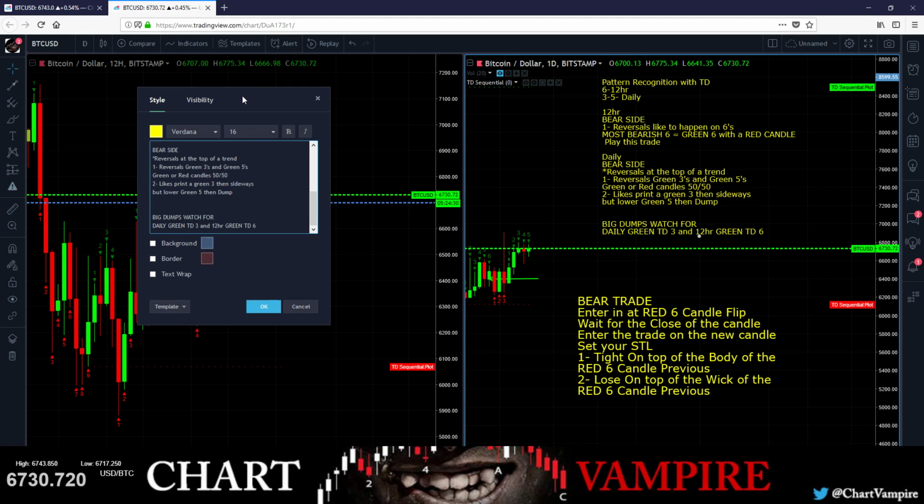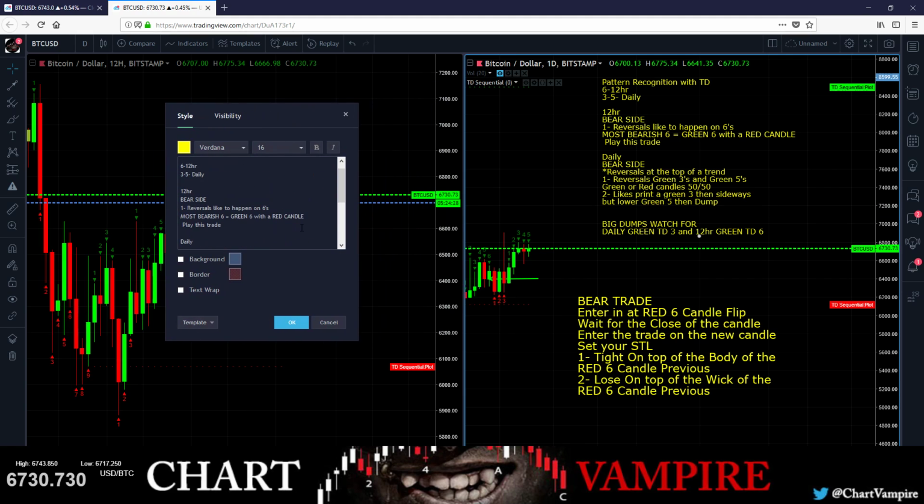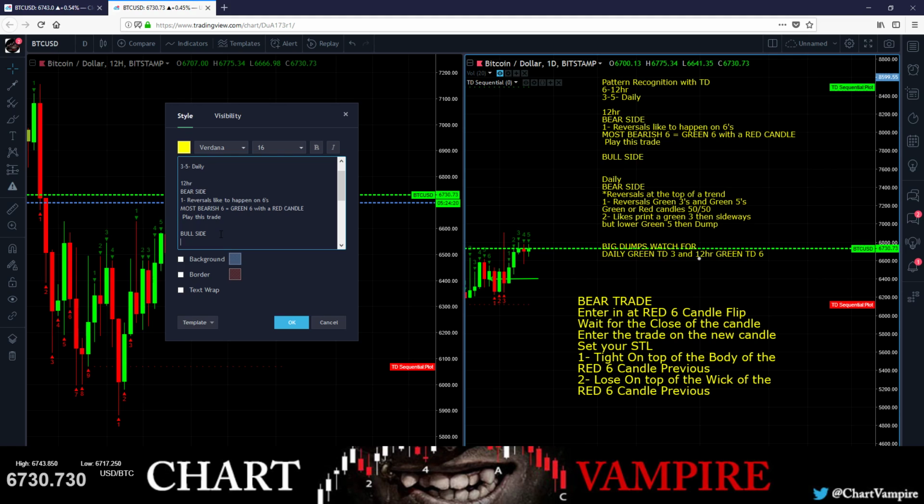All right, on the 12-hour, so 12-hour on the bull side, right? It likes a green 6 with a green candle for a continuation.